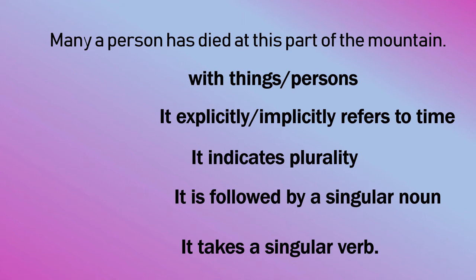Let's look into the first example along with the characteristics, matching it with the characteristics. The first example is: many a person has died at this part of the mountain. The first characteristic we learned a bit before was that we use many a with things or persons.